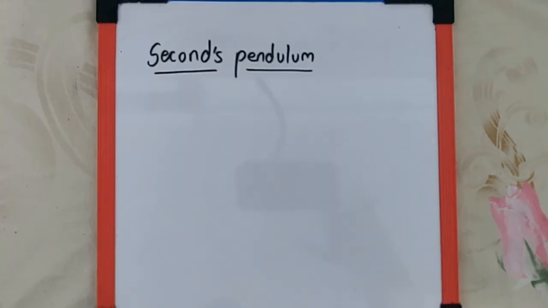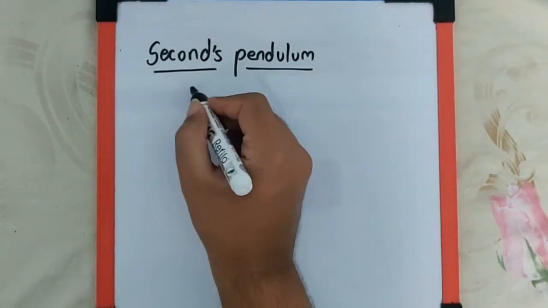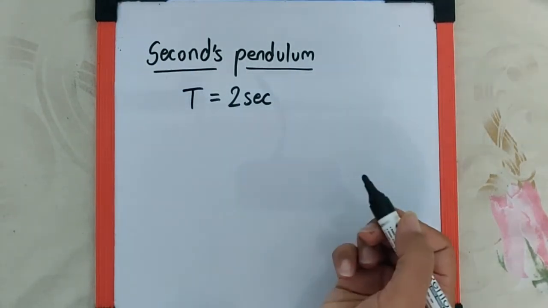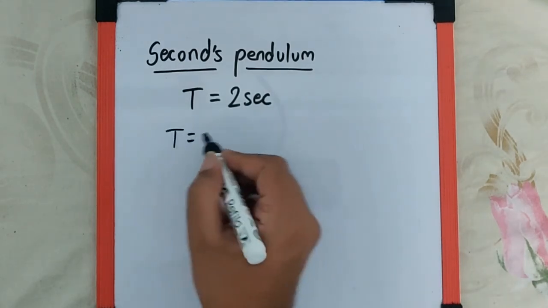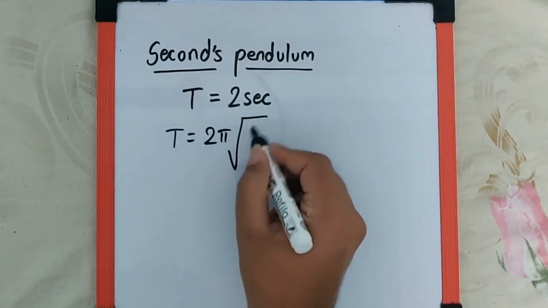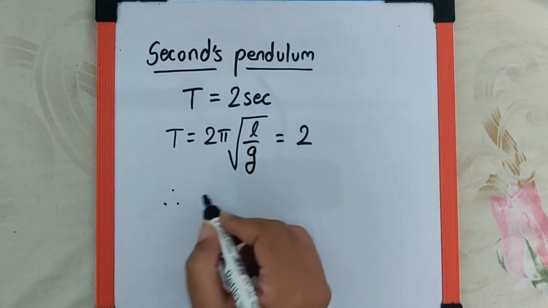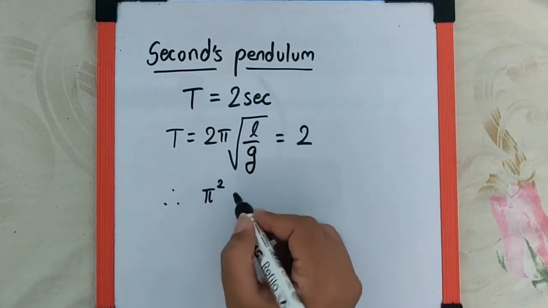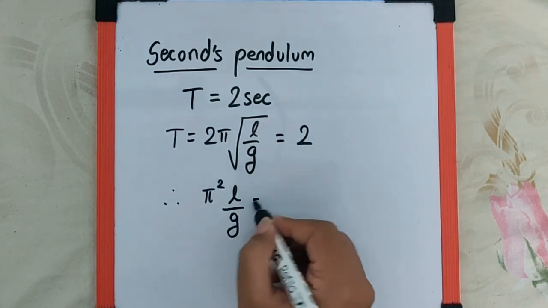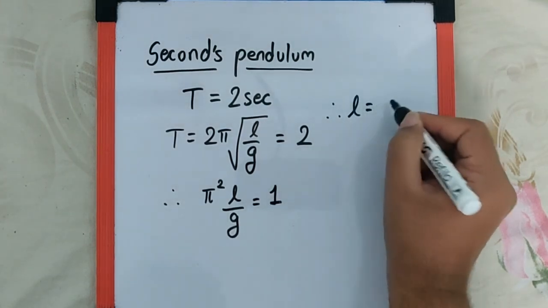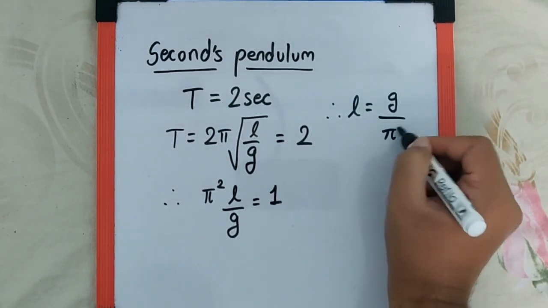Now we have a special case of the simple pendulum known as the seconds pendulum, for which the time period is always 2 seconds. Which means if I use the formula 2 pi root of L by g, I can equate it to 2 and say pi square L by g equals 1 under the root, which means the length of the pendulum is g by pi square.